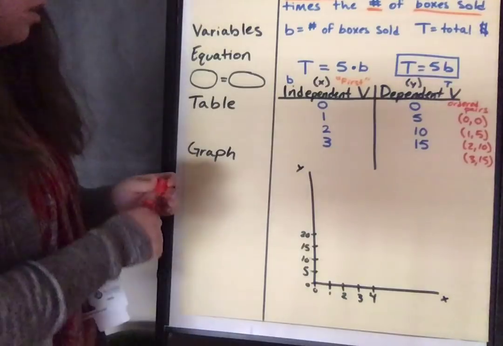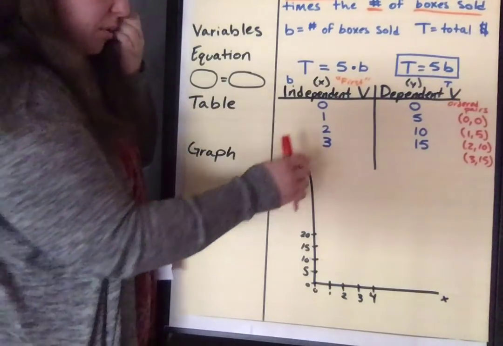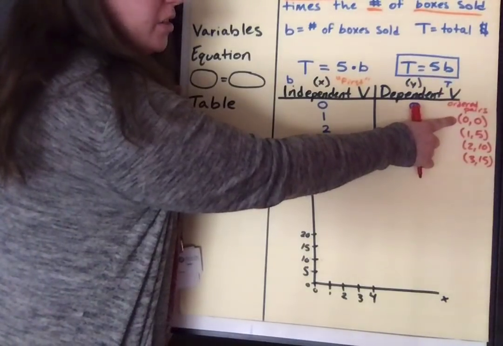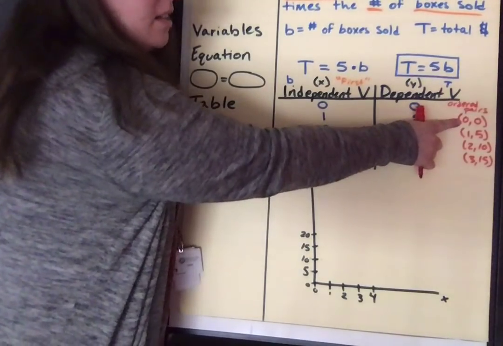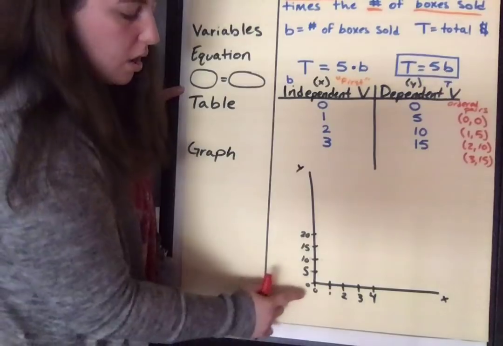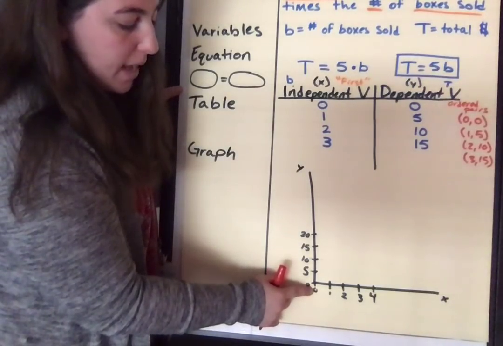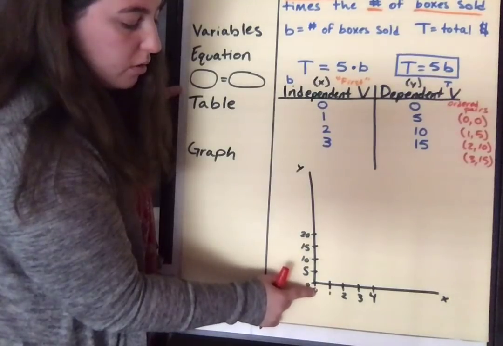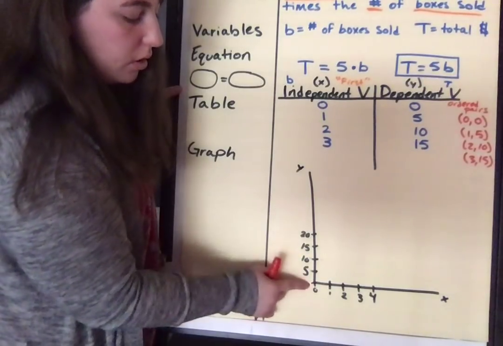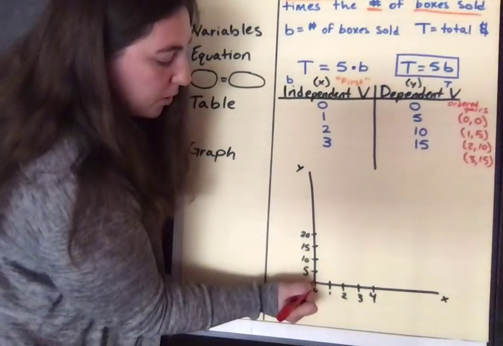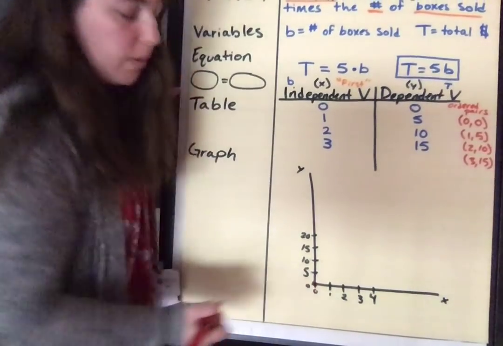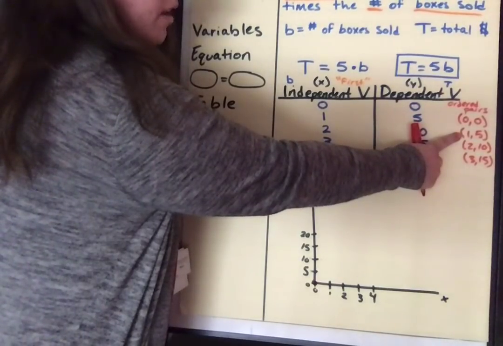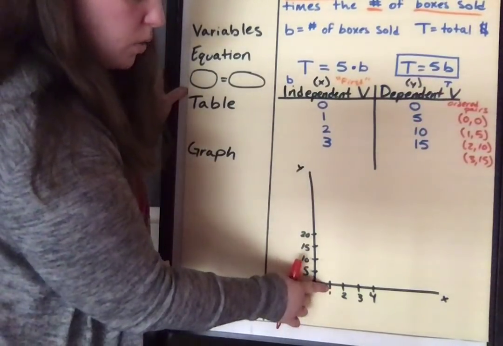Okay, so I'm going to start plotting these points. So my first point is at 0, 0. So this means the x is at 0, the y is at 0. Well, if I look over here, my x on the horizontal is right here for 0, and my y for the vertical is right here for 0. So my first point gets plotted right there. My next ordered pair, 1, 5, the x is 1.